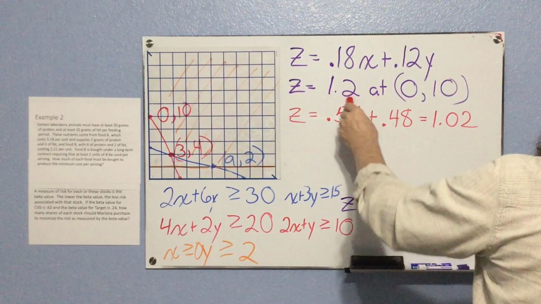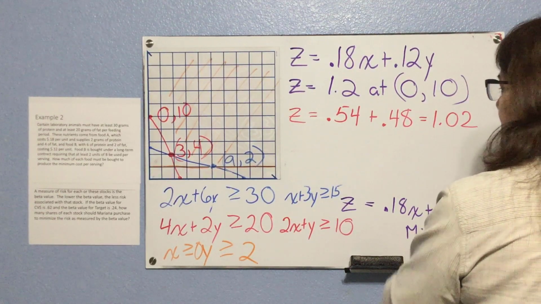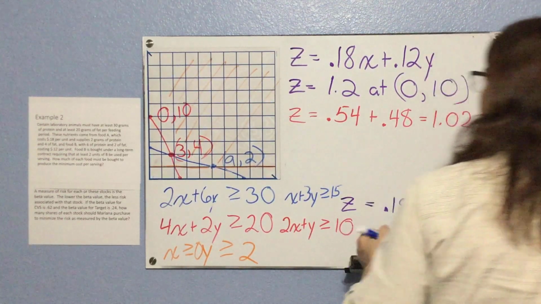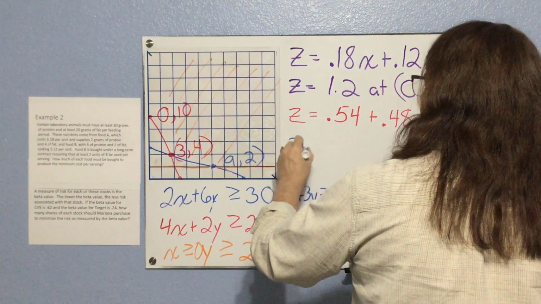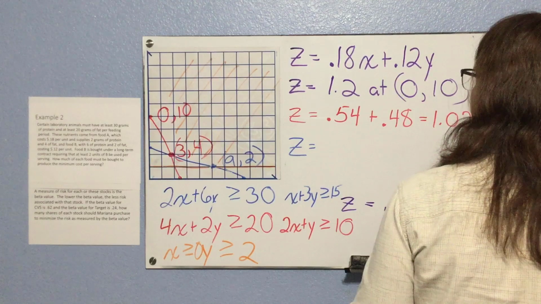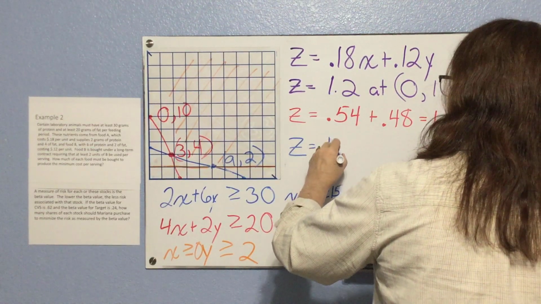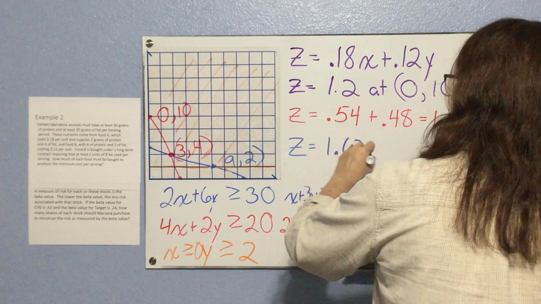Okay, so this is smaller than that, but we need to check the 9, 2 point still. So at this point, we've got 9 times 0.18, so 1.62.